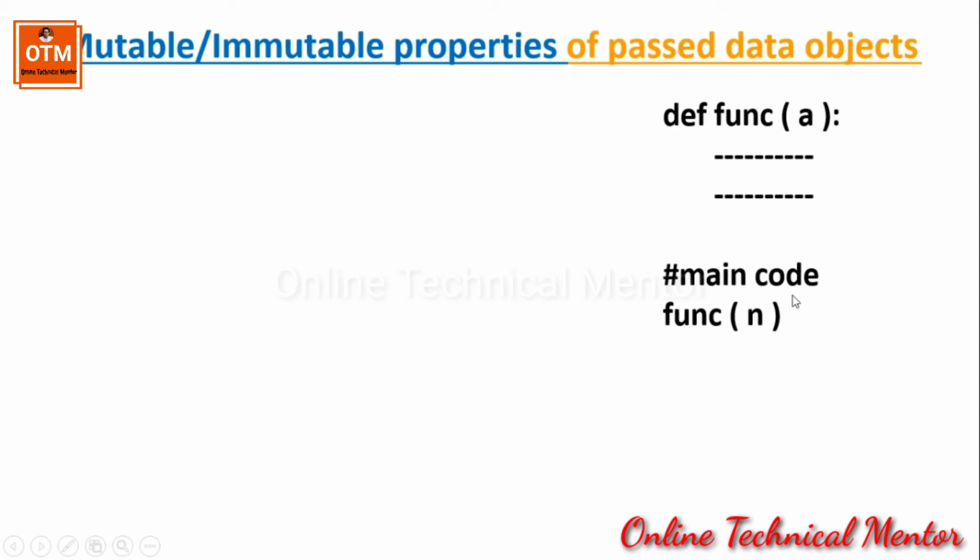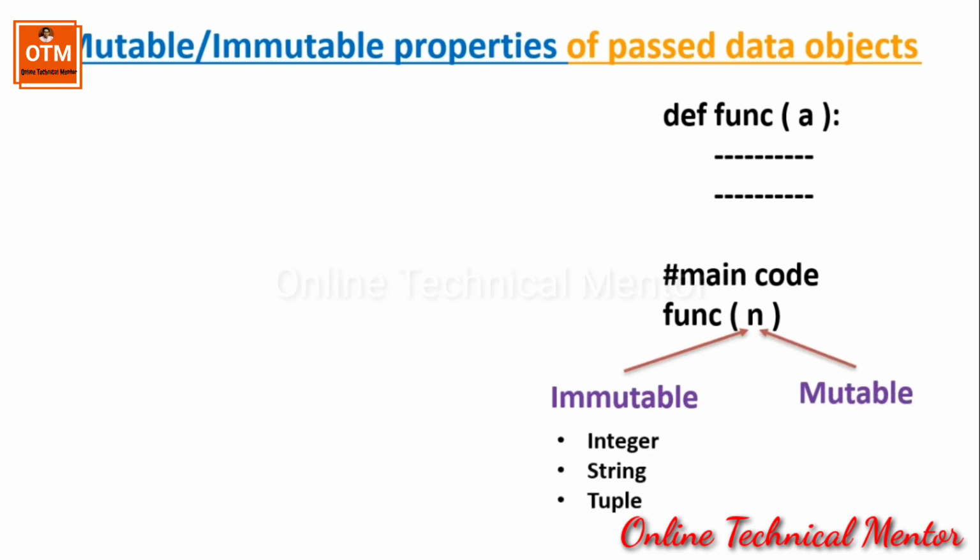From within the main code, here I have called the function FUNC with the parameter n. Now the question is, what is the data type of this parameter? It may be immutable or mutable. Immutable means integers, strings, tuples, etc., and mutable means lists, dictionaries, etc. So depending upon immutable and mutable data types, the variable behaves differently, and also the function executes accordingly.